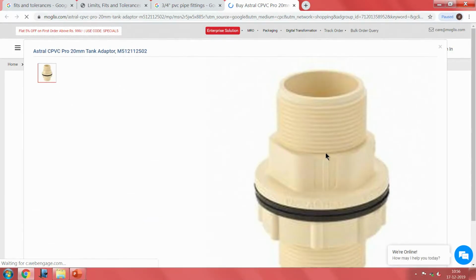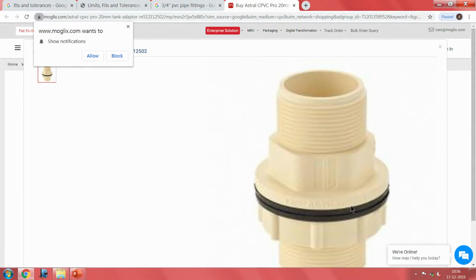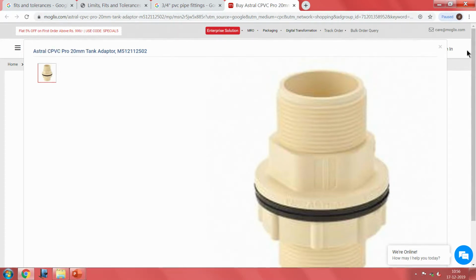One of the things you will notice, if you look at this picture now, is how things are sold. Something is written here saying this represents a 20 mm adapter. I do not know, maybe it's meant for a flush tank.